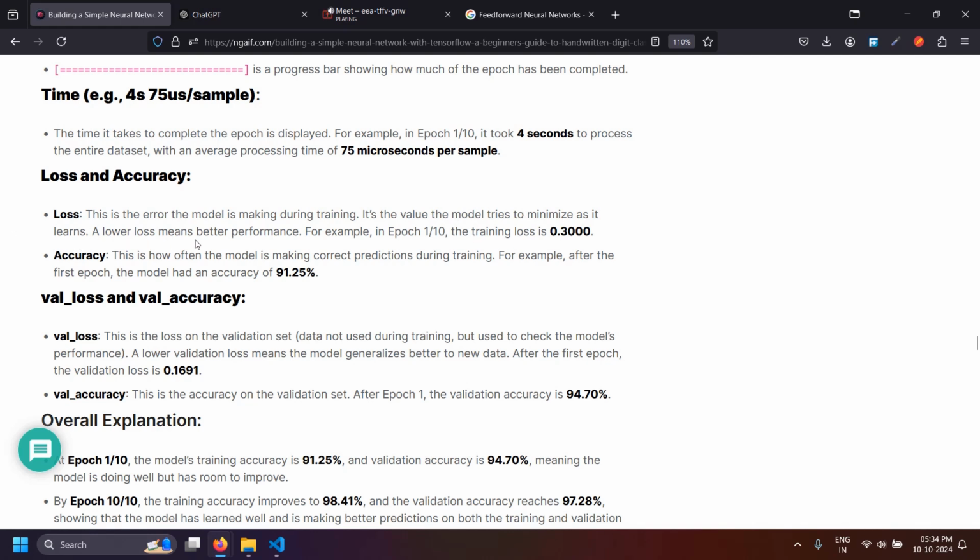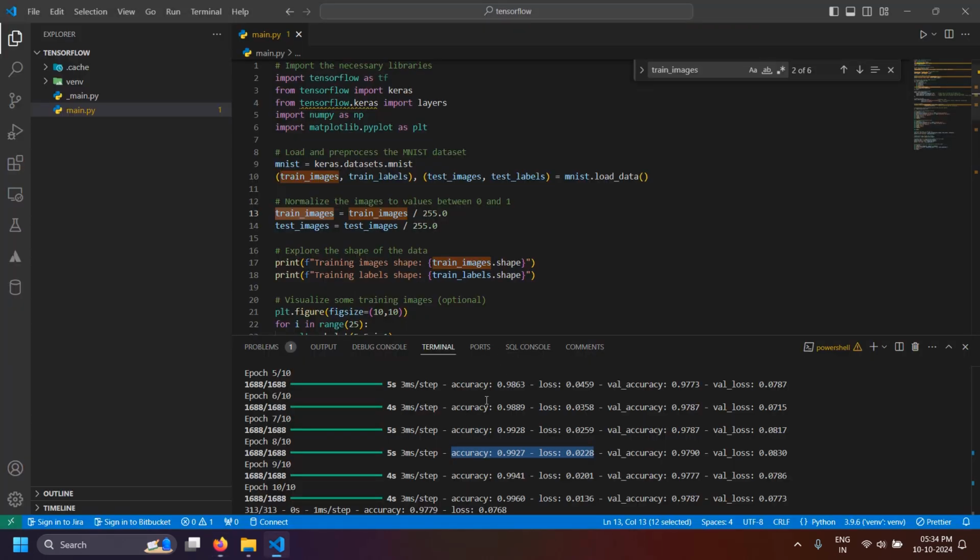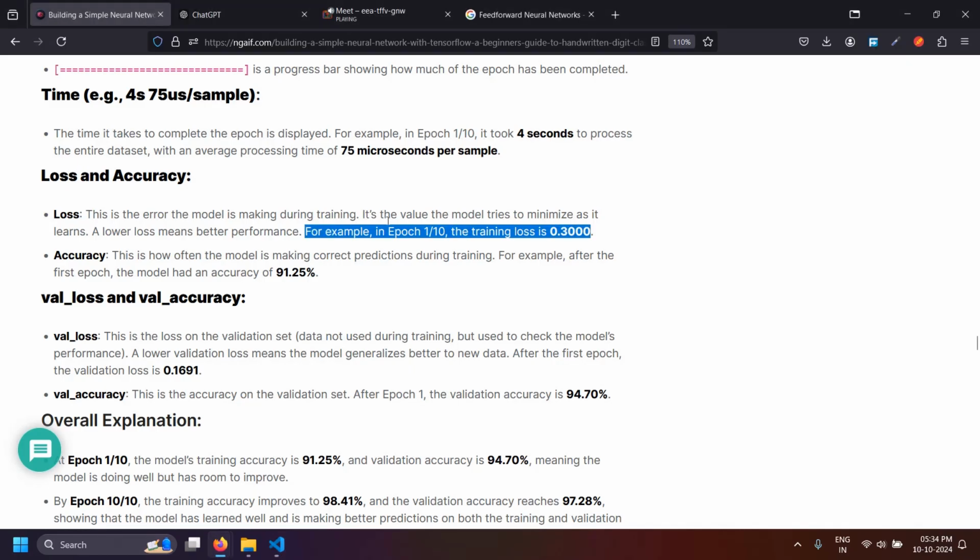A lower loss means better performance. So what you will be looking at is lower training loss. This value should be low. As you can see, it is giving a loss each time it runs, so you have to look for less training loss.